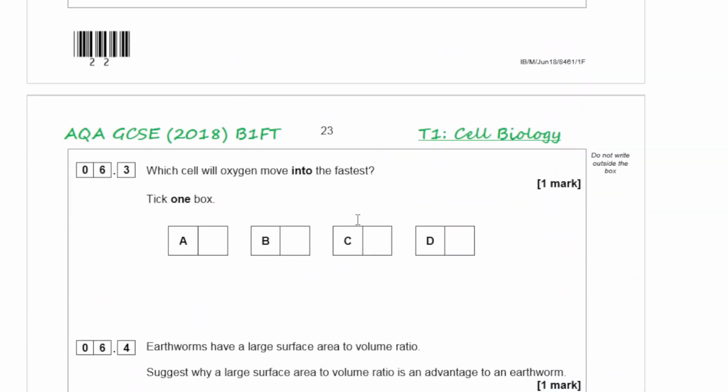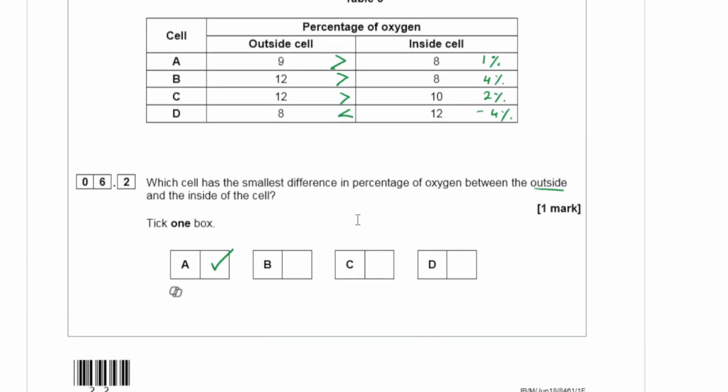Which cell will oxygen move into the fastest? Now, oxygen is going to move from a high concentration to a low concentration. So it moves in fastest where the difference in percentage is much higher.